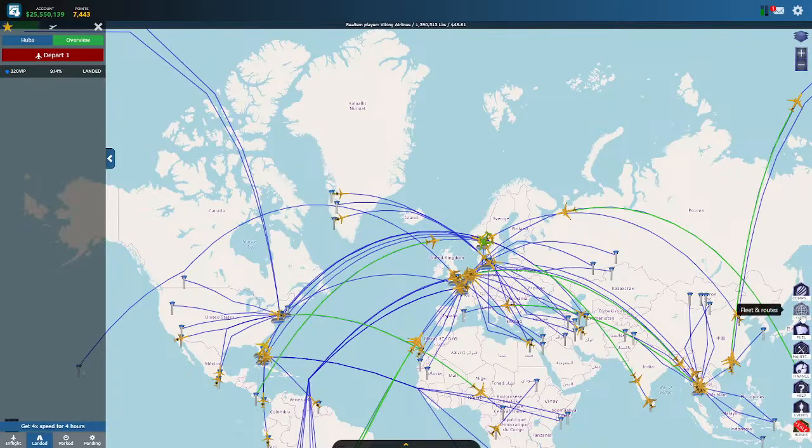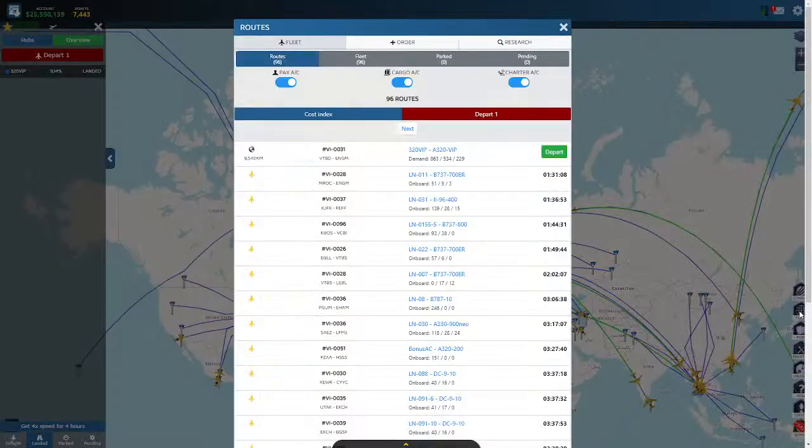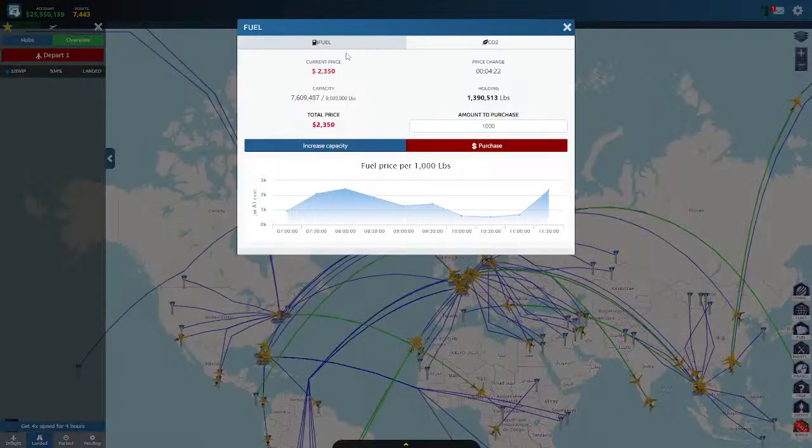And as you can see here now, I have to pay for some fuel, and that's actually quite an amount. If I pay for this price, it's going to be 7,609,487. It's going to be 17 million.